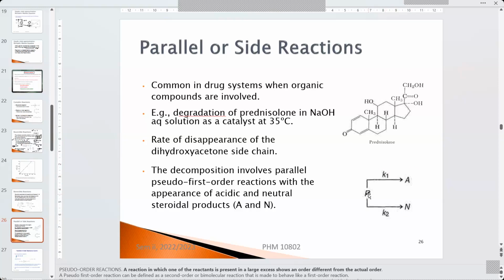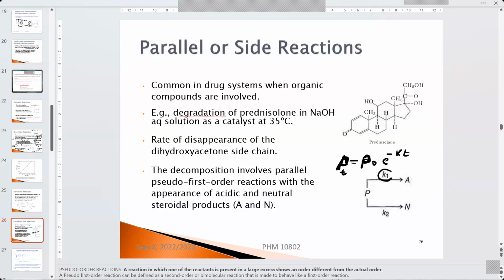But when you write the equation, when you want to calculate the degradation rate, it will not be the simple one. If it follows only one pathway, then I can just write it in the previous equation that we saw, for example, concentration of P at any time will be equal to the initial concentration of P. Let's write it P instead of A. Concentration of P at any time equals the initial concentration of P, means the concentration at time 0, times the exponent of K times T. Okay.